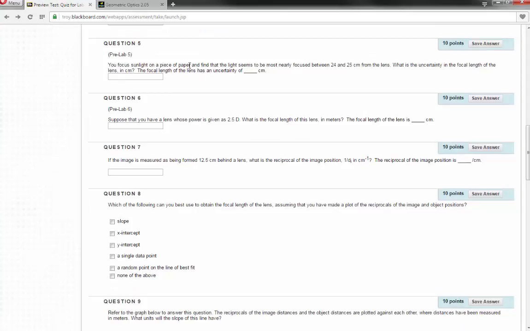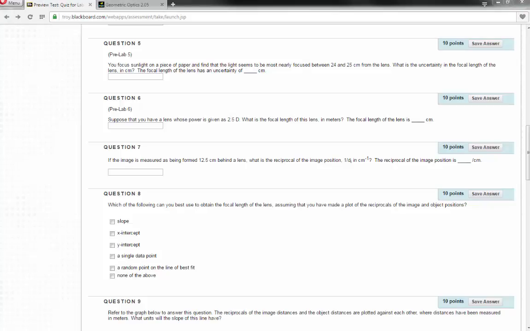Then it says you focus sunlight on a piece of paper and find that the light seems to be most nearly focused between 24 and 25 centimeters from the lens. What is the uncertainty in the focal length of the lens?